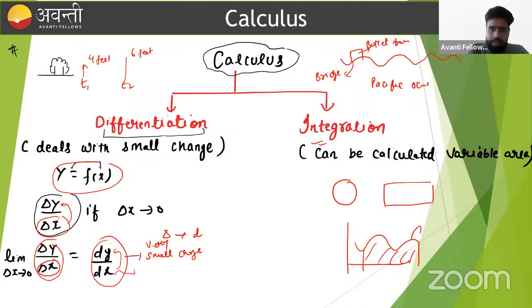Okay, let's try to understand this. If the bridge is not strong enough, it can break. The bullet train has a capacity of how many passengers it can carry. The weight of all the passengers and the bullet train acts in the downward direction.